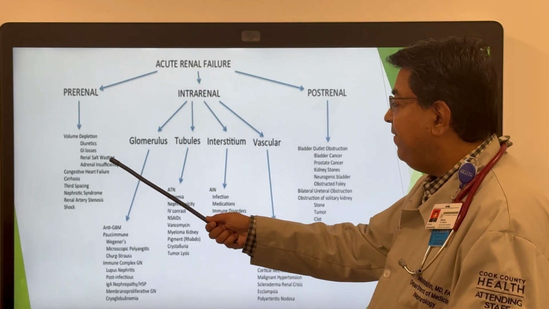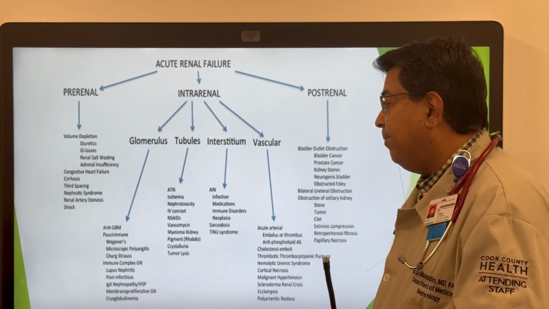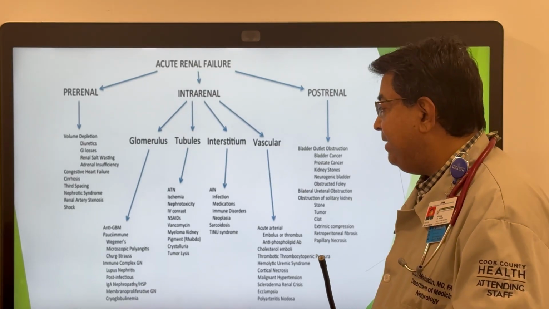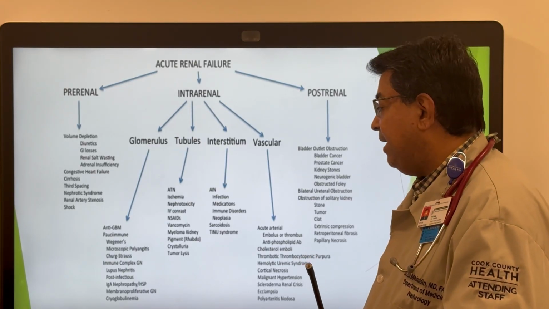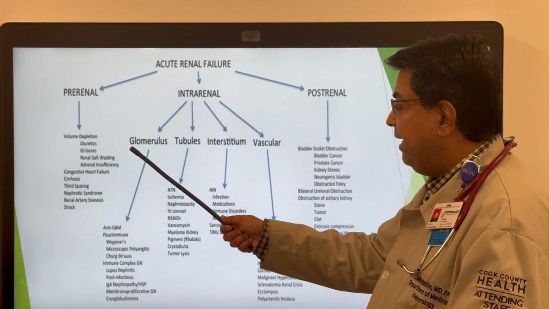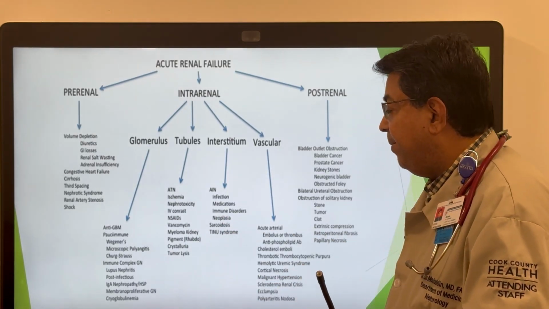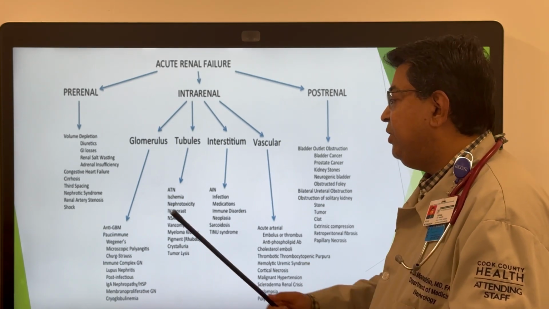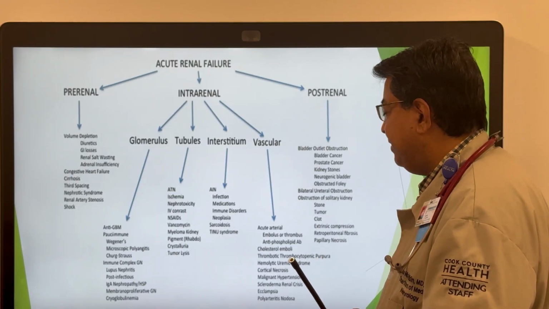Patients with congestive heart failure, cirrhosis, third spacing, and nephrotic syndrome are also pre-renal patients whose perfusion is not optimal because of the underlying etiology. Renal artery stenosis, of course, impairs perfusion of the kidneys, and in shock you will have hypotension and impaired perfusion of the kidneys.